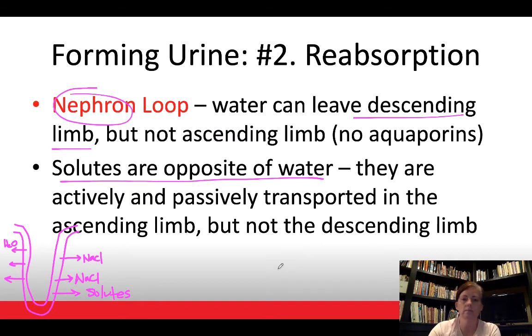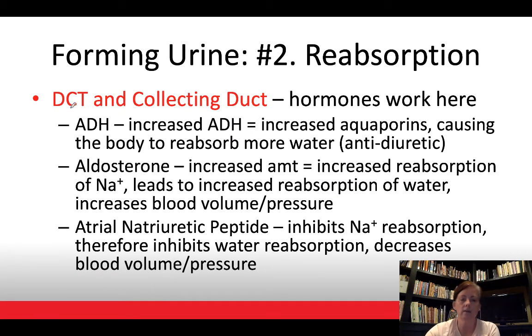Okay, and then in the distal convoluted tubule and collecting duct, this is where we see hormones at work. There are a couple of different things that we see here. Number one, we have the effect of antidiuretic hormone. So what happens with that? We've talked about this before.